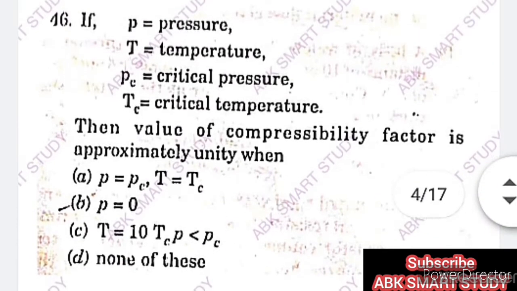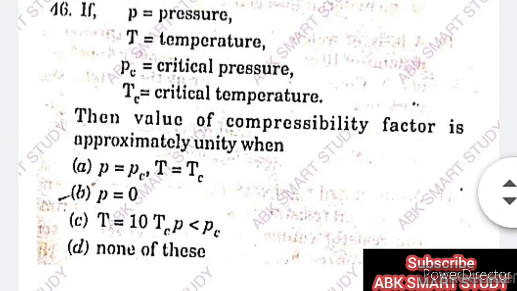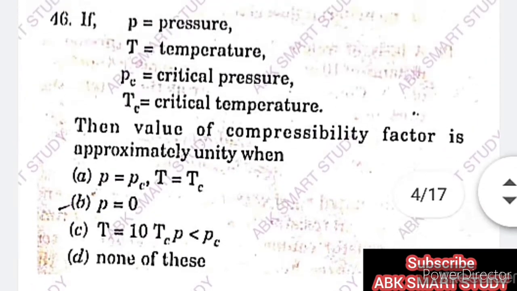So the compressibility factor is approximately unity when pressure is equal to 0.